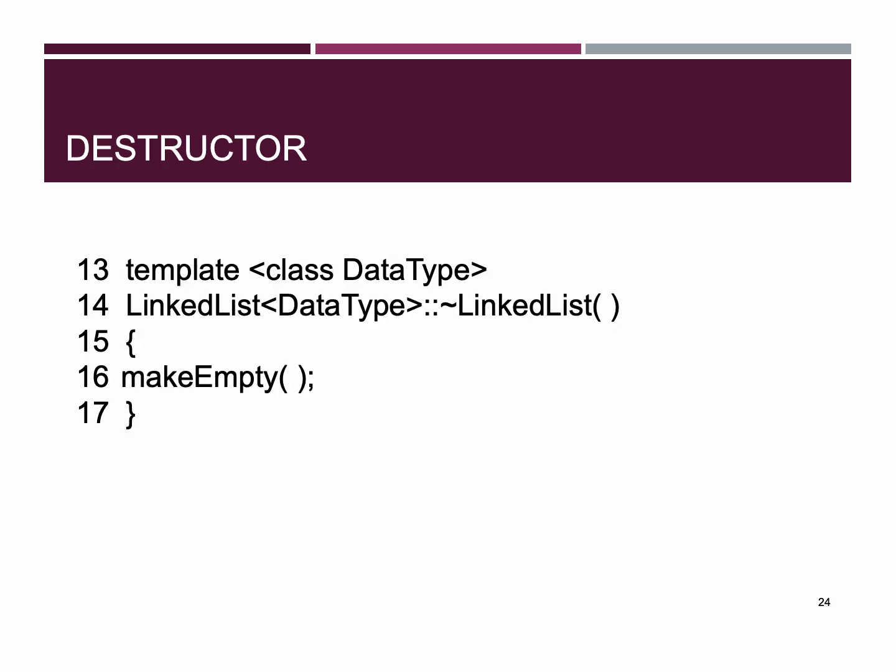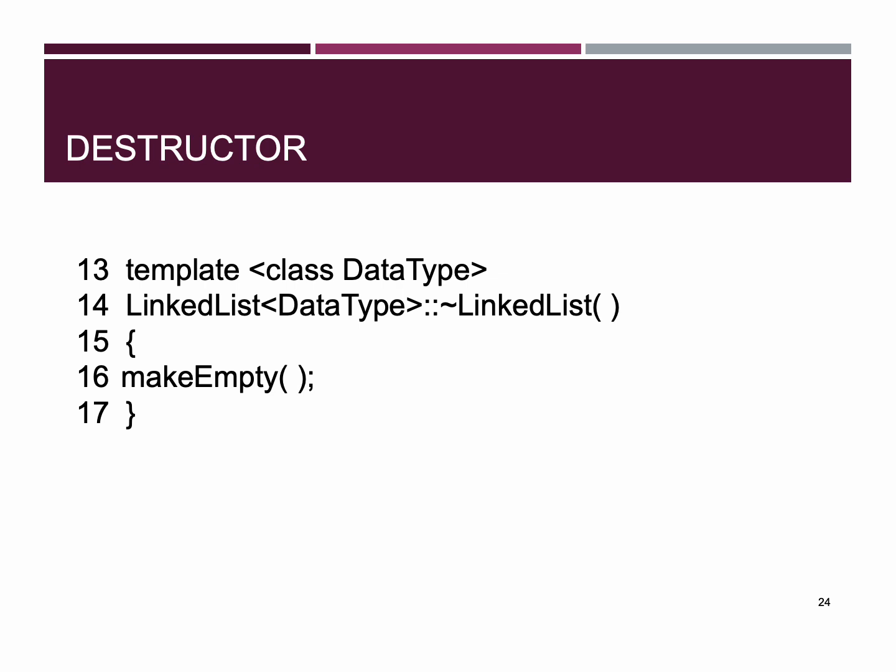Now we have the destructor. The destructor is automatically called when an instance of the linked list is destroyed or goes out of scope. In our implementation, the destructor calls the makeEmpty function. This ensures that all the nodes in the linked list are properly deleted, freeing up the memory that was allocated to them.